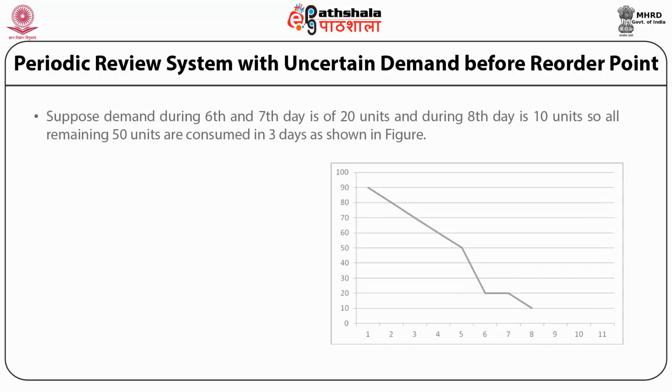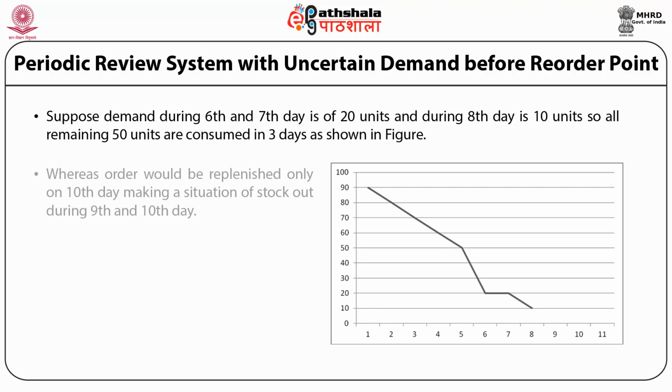Case 2: Suppose demand during the 6th and 7th day is 20 units each and during the 8th day is 10 units. So all remaining 50 units are consumed in 3 days as shown in the figure, whereas the order would be replenished only on the 10th day, making a situation of stock out during the 9th and 10th day.